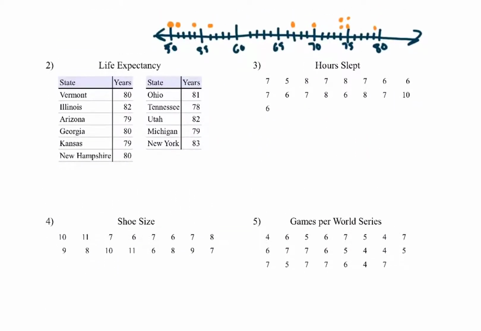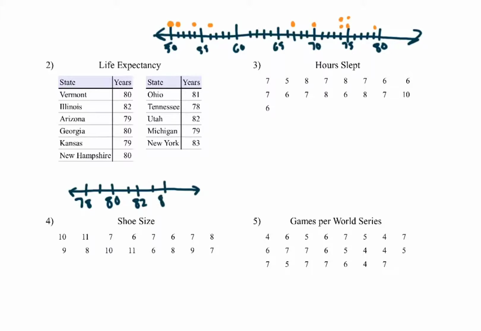So we look at this other one, life expectancy. Okay, basically the same idea, though these numbers are a bit different, right? Looks like here our low is 78, 79, 80, 82, 83, and that would have been 84, 86.